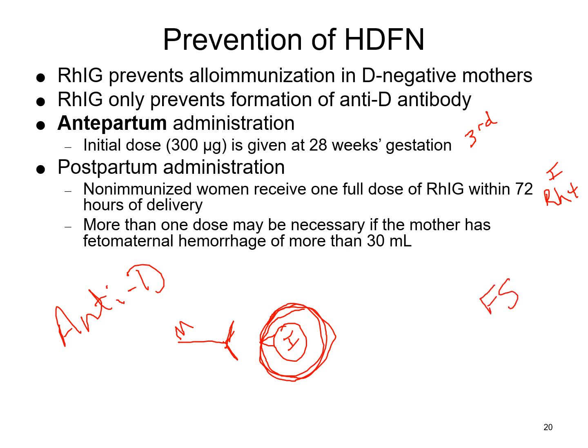If that fetal screen is positive, then of course you're going to do that Kleihauer-Betke test to determine the dosage of that RhoGAM that needs to be administered. More than one dose of that RhoGAM may be needed if that fetal maternal hemorrhage is determined to be more than 30 mLs, because one shot will cover 30 mLs. So one 300 microgram shot will cover 30 mLs of a fetal bleed.